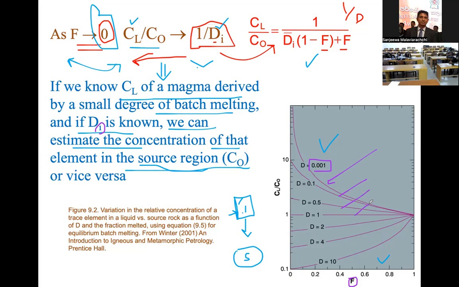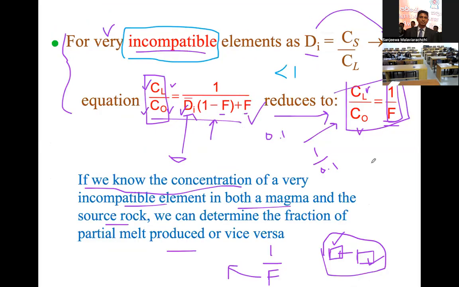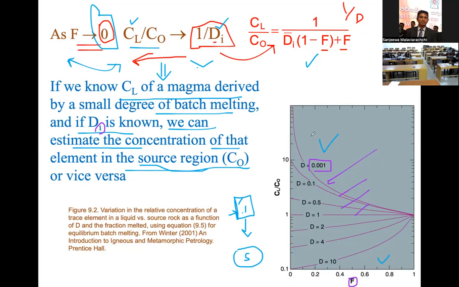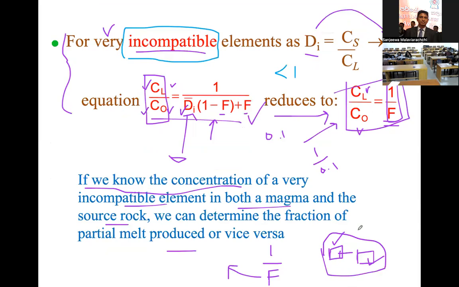So it was a different situation, but only for one element. In the same case, you could have used another element also. It might show you some different curvature, right? So it depends all on its own properties, that means its partitioning properties.